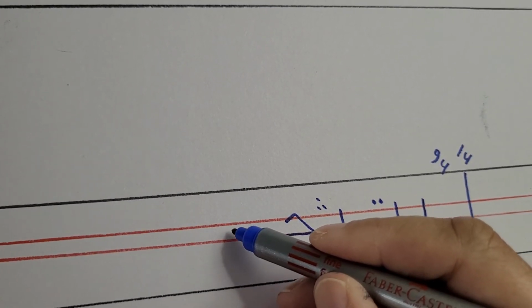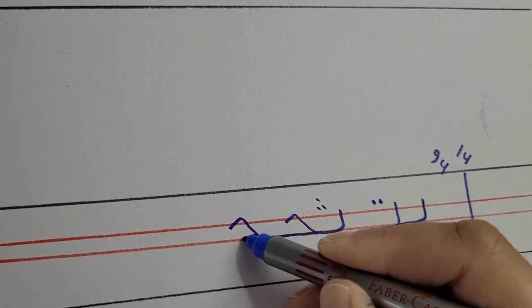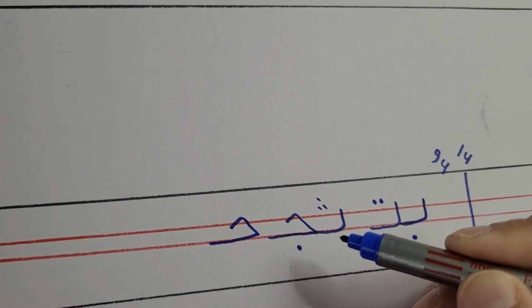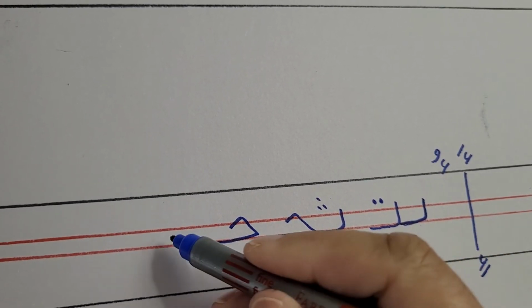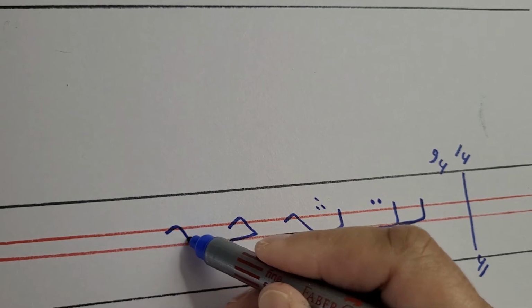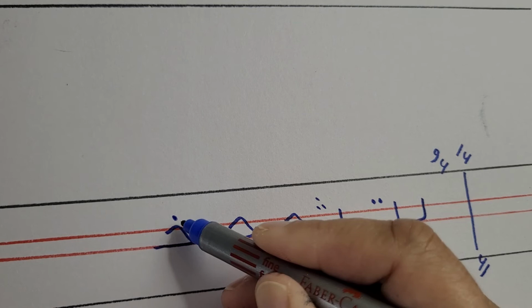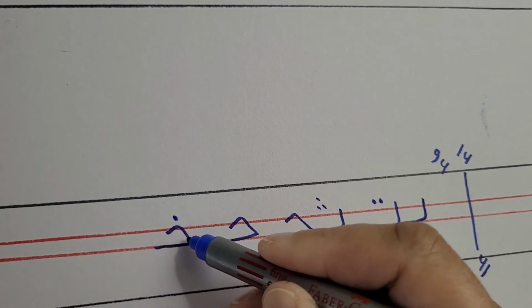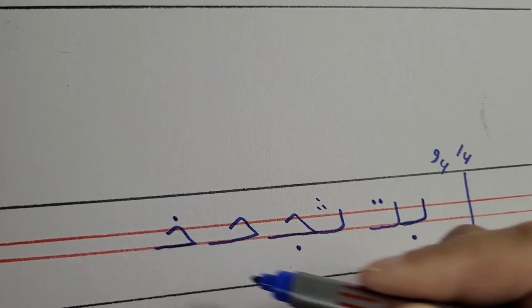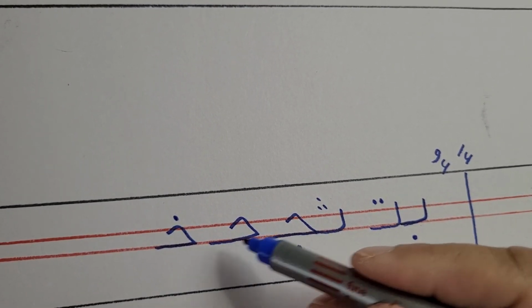Now Ha, it looks the same, a mountain but without any dot, Ha. And Kha, I gave you a tip that it looks like a nose with a fly on the nose. So this is the nose of Kha, and this is the fly. There is one dot. Jim, Ha, Kha.